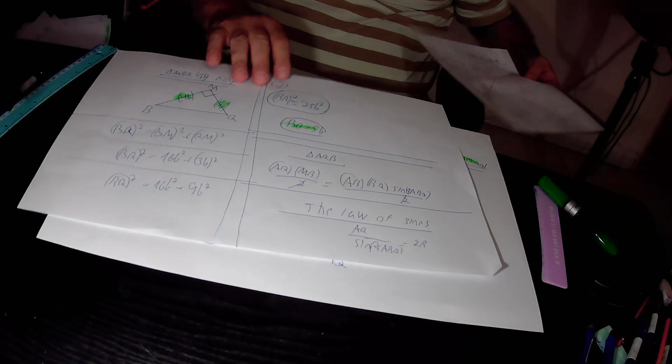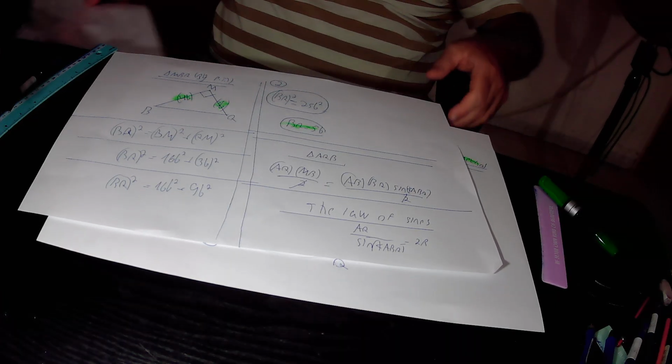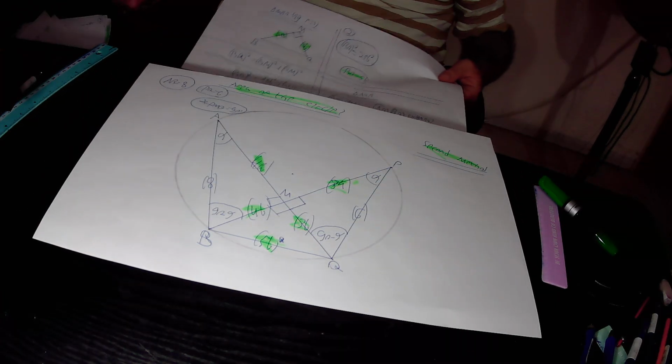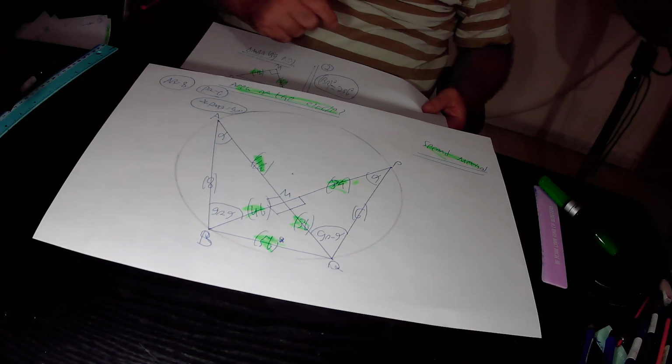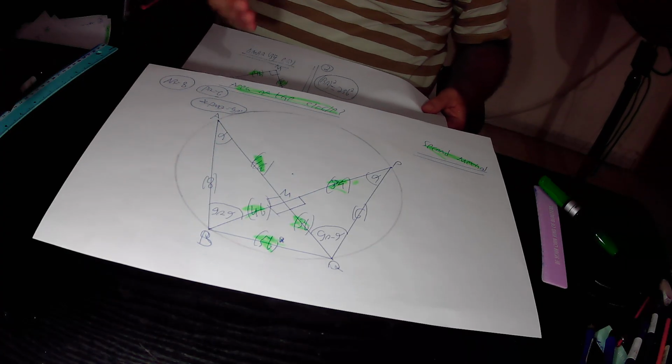So we can implement the law of sines in our drawing. Why? Because in our drawing we have triangle ABQ, which is circumscribed by this circle, and we can implement the law of sines in any triangle.